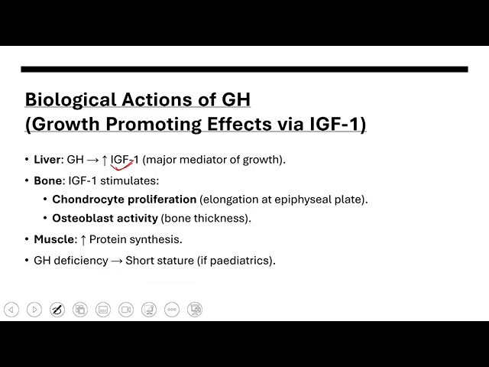And in the deficiency of the growth hormone, especially in pediatrics where there is an open epiphyseal plate, chondrocyte proliferation will be halted, and due to that cessation of chondrocyte proliferation, short stature will be seen in this pediatric group, as well as those age groups who have an open epiphyseal plate.